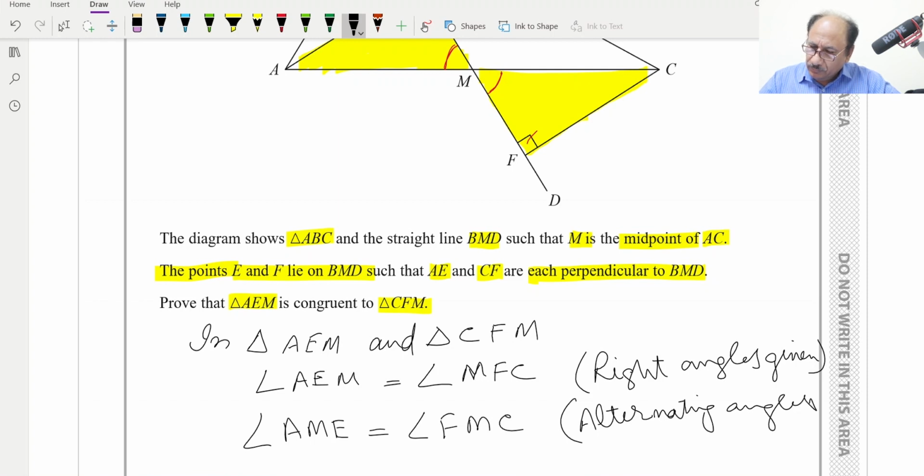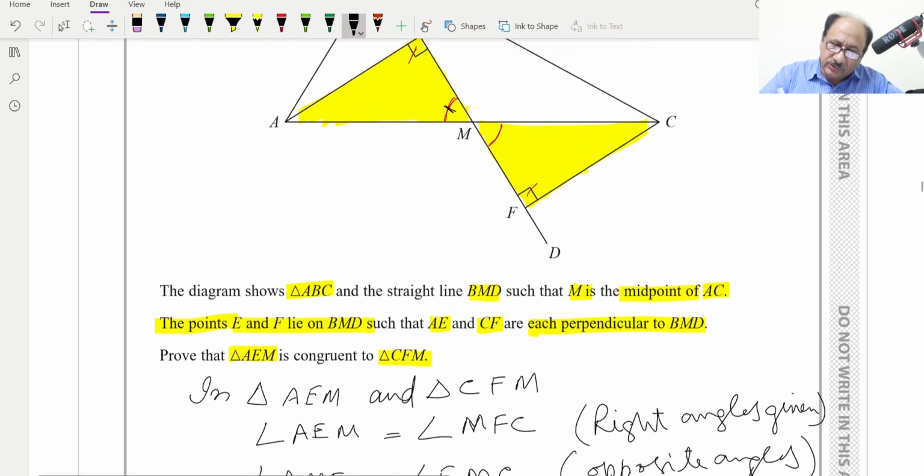I will write opposite angles basically. This angle is equal to this angle. So two angles are equal.